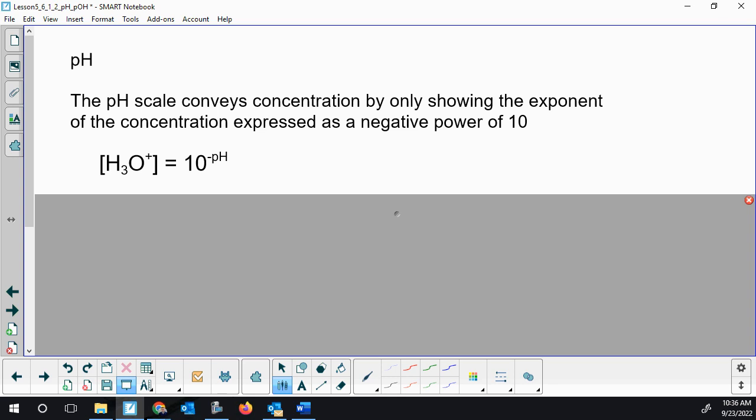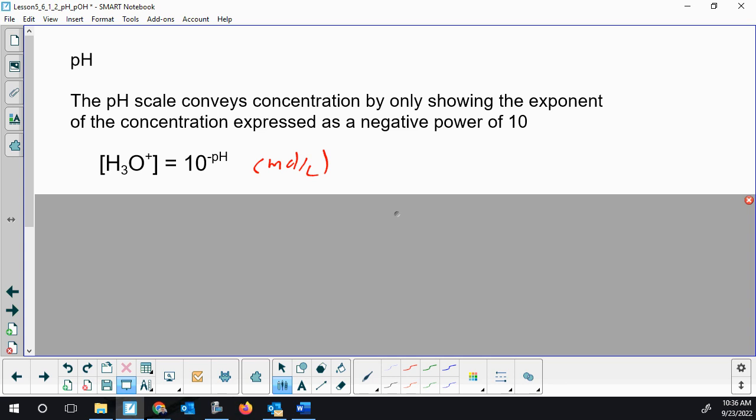So the actual concentration of hydronium, H3O plus, is 10 to the negative whatever the pH value is. Now that calculation will not have any units, but when you use this formula, it outputs a mole per liter concentration.